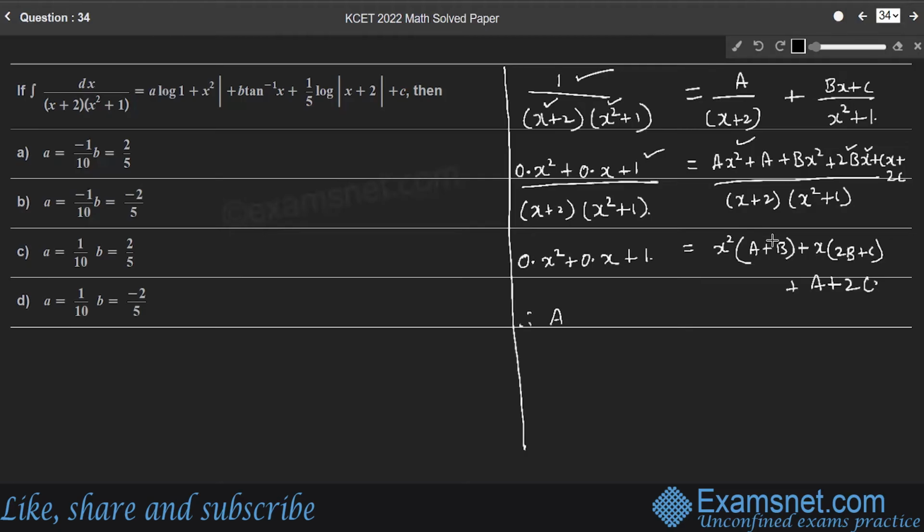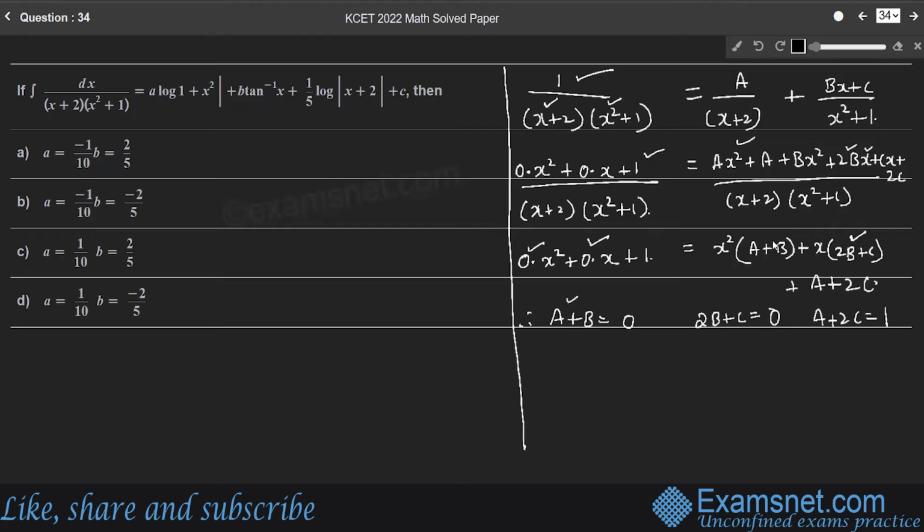Therefore, the coefficient of x square, a plus b, is 0, the coefficient of x, 2b plus c, is also 0, and the constants a plus 2c is equal to 1.